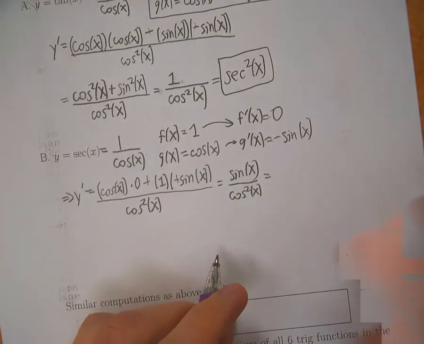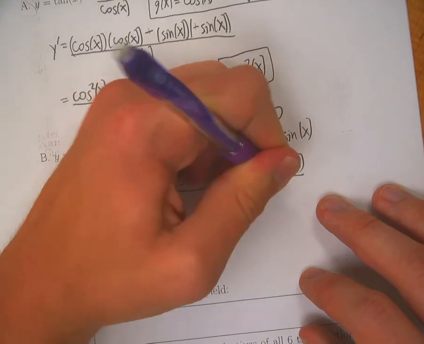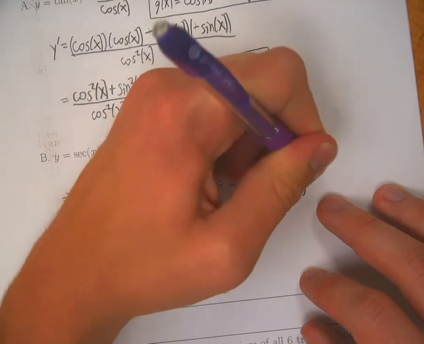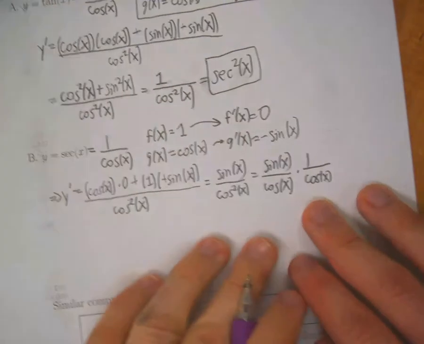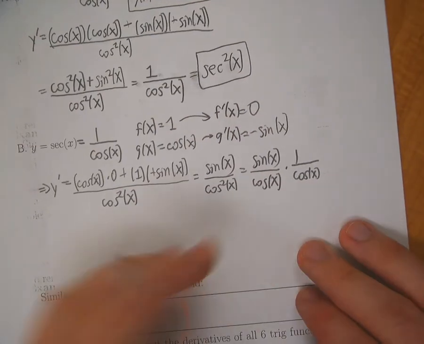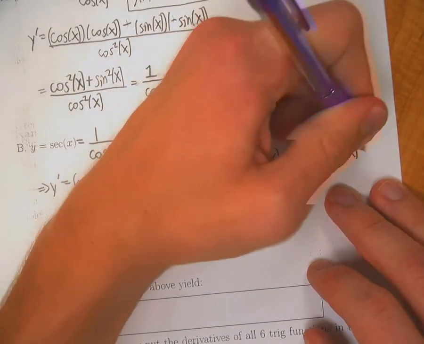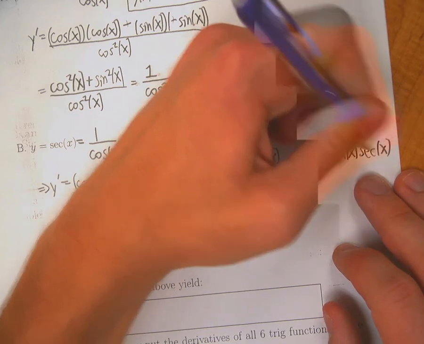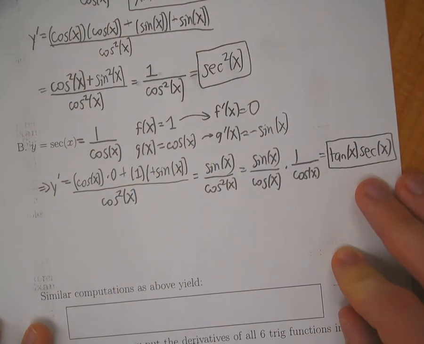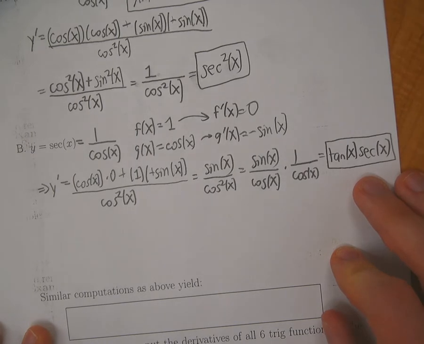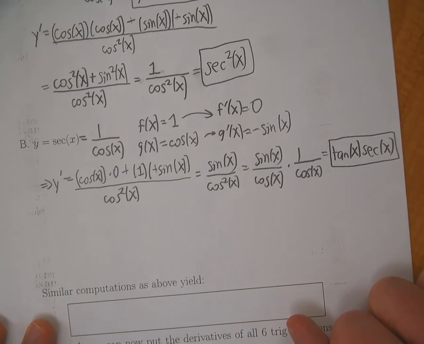If you break it up as sine of x over cosine of x times 1 over cosine of x, you should end up precisely with tangent of x times secant of x, which is what you might have seen in the second quiz, if you recall.